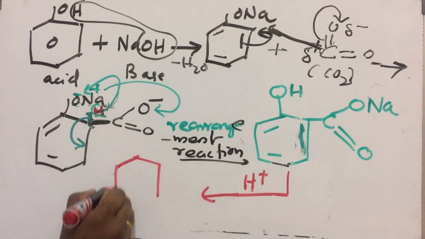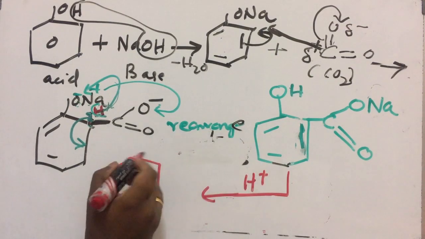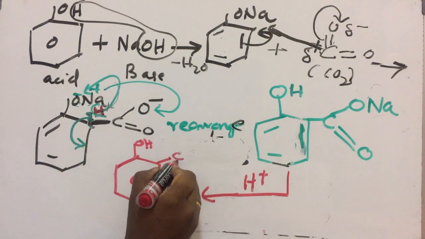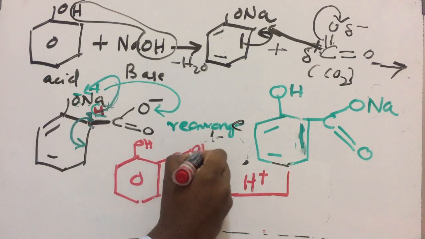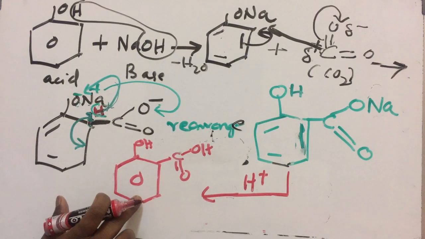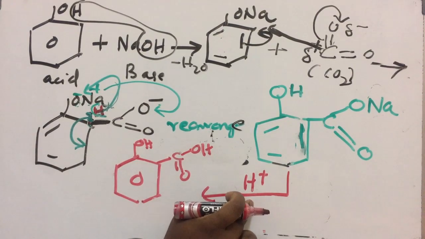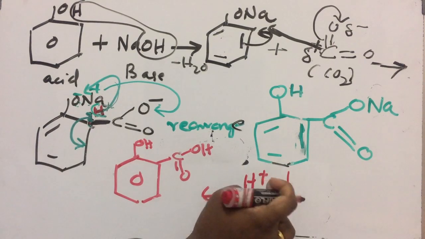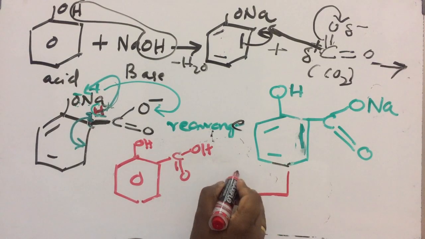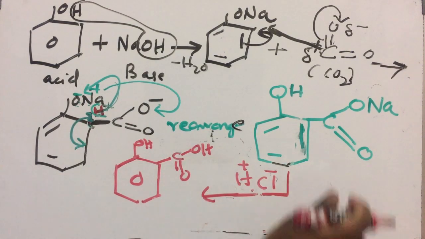The structure of salicylic acid is like this: OH, here OH, C double bond O, OH. Ortho-hydroxy benzoic acid, or another name is salicylic acid. During acidification, what will happen? What is H plus? Hydrochloric acid, HCl. So we can write H plus Cl minus.